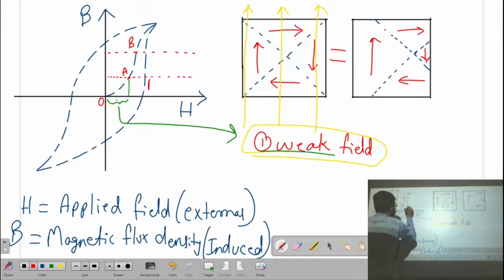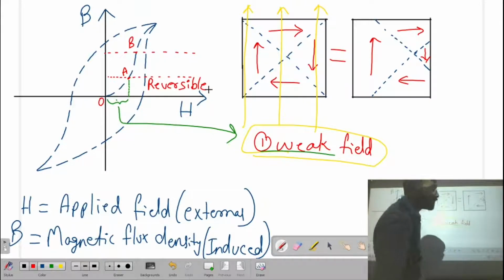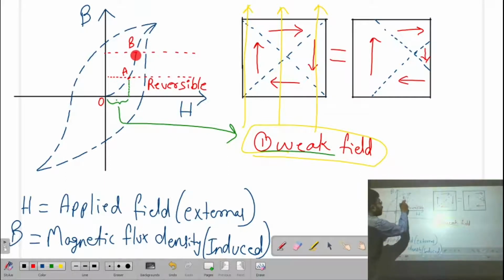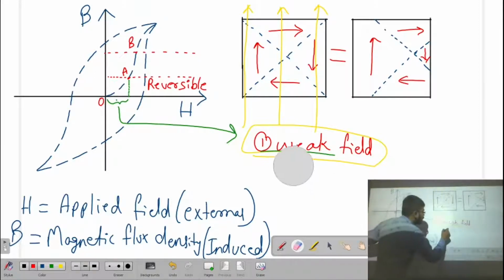This is the reversible area where the magnetization can be reversed. Now, if we increase the value of H from A to B, then it will act as a strong field.